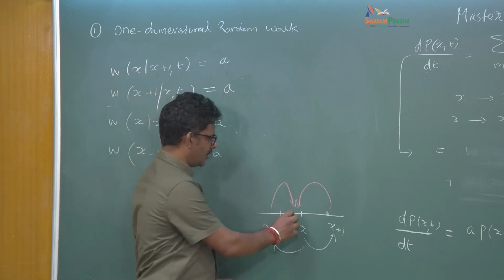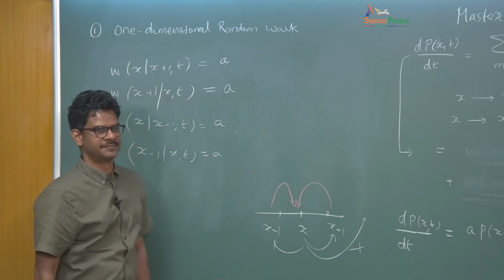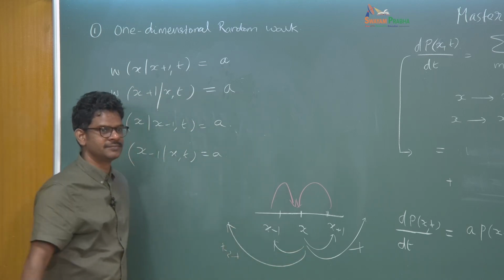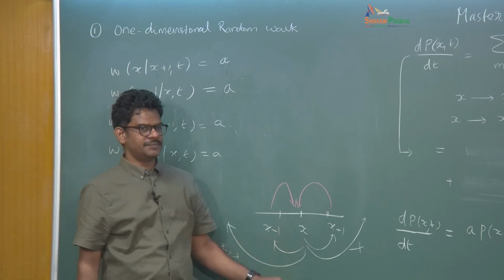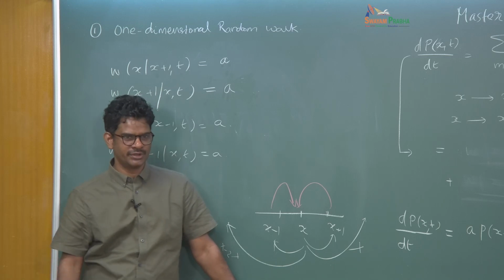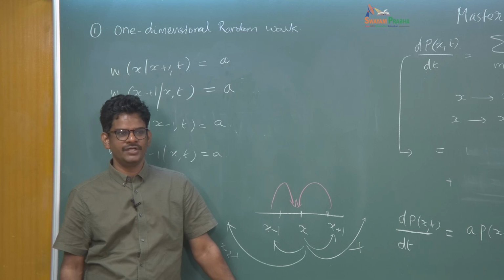Okay, look, we are not looking at x going to x plus 2, this is forbidden. X minus 2 also forbidden. Okay, but if you want to do a project, if you want to do some more complicated Brownian motion, there could be other deviations from this model.